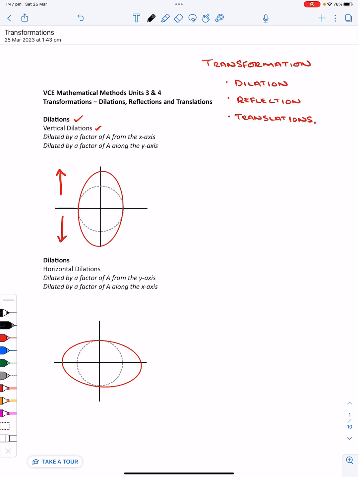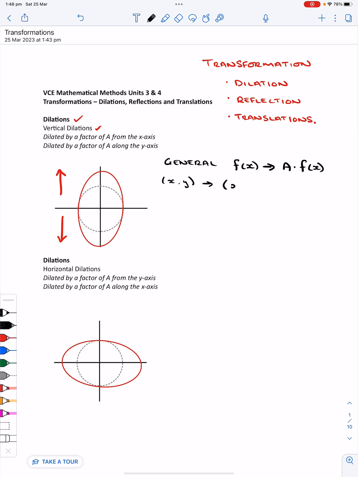Now, the general form that we use for this: f(x), the original function, is being transformed to become a times f(x). Now, when we consider this in our coordinates, we're going to start with just our basic coordinates, x and y, as they are. And then we're stretching it along the y-axis.